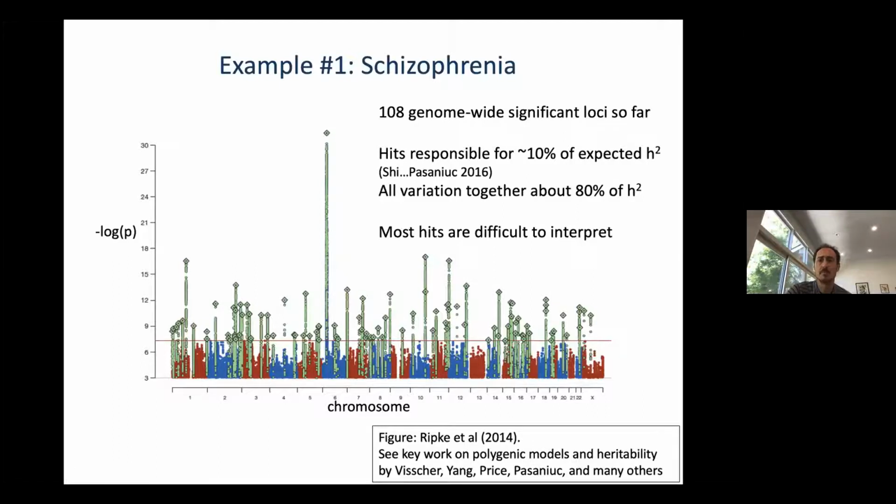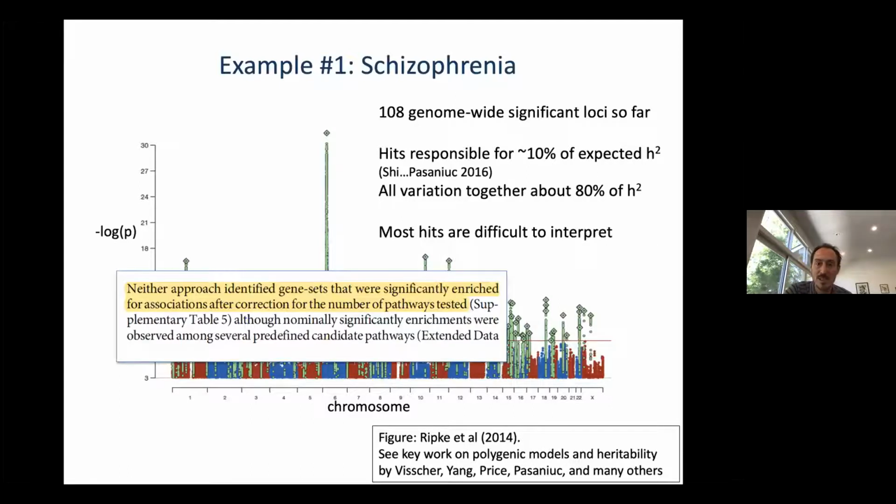The other point I would make is that for schizophrenia, and I think it's fair to say for most disease traits, the vast majority of the lead hits are difficult to interpret. And I think actually in IBD, I'm of course not an expert in IBD, but my sense is that you have the great fortune that a number of the lead hits are much more interpretable. So for example, in schizophrenia, with 108 loci, really there were no gene sets that were significantly enriched at all.